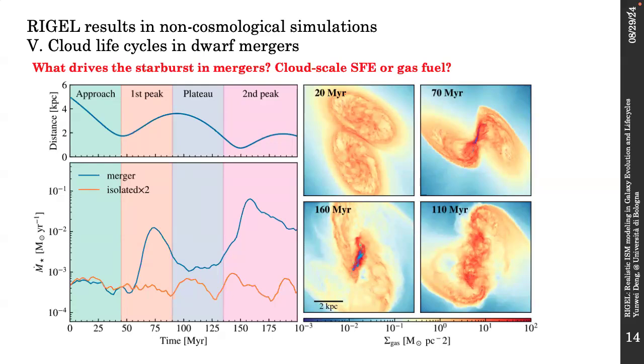I have 4 stages: approaching, first peak, which means the merger-induced starburst peak, the plateau stage, and the second peak, which is the highest peak. What I want to answer is whether the galaxy-wide starburst in the merger system is driven by an enhanced cloud-scale star formation efficiency, or just by increased gas supply during the merger, or a combination of these two factors.